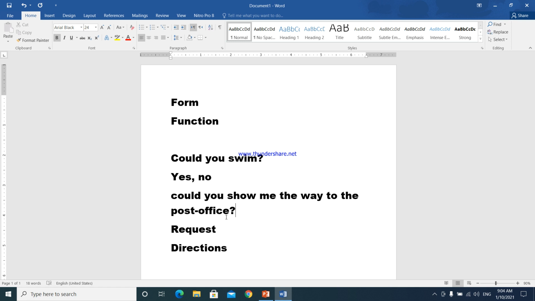And this is related to social distance, or relative distance, as George Yule called it. And speech acts in this case is a topic or a subdivision of pragmatics.